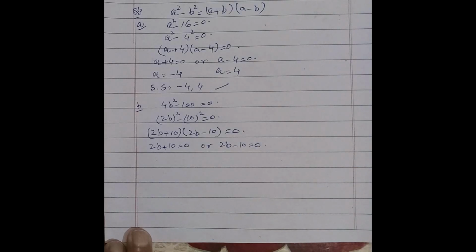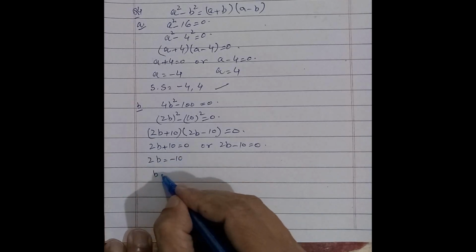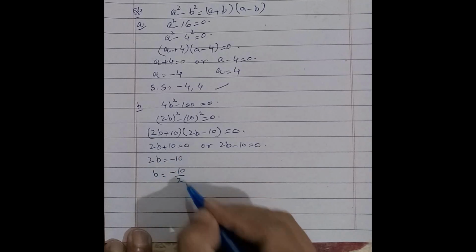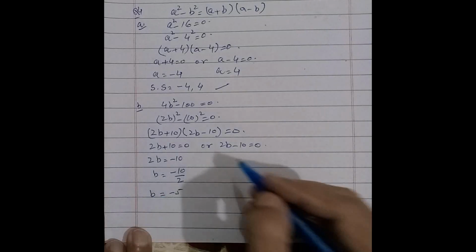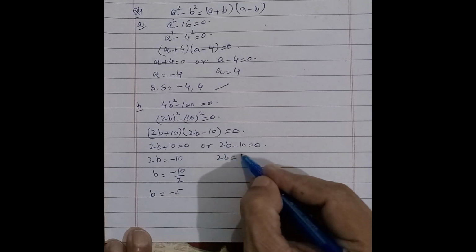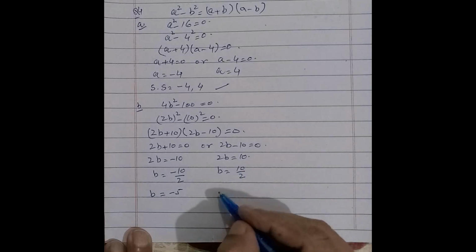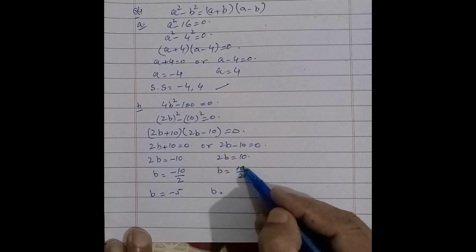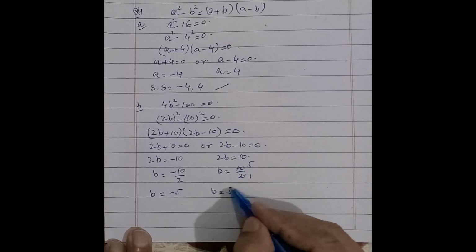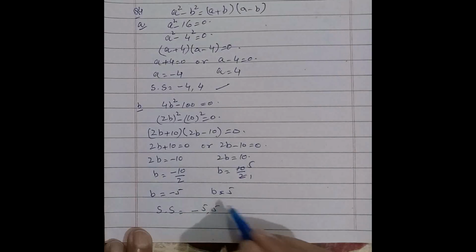Now we find the value of b. 2b is equal to minus 10 and b is equal to minus 10 over 2, which is equal to minus 5, and the other value is 2b is equal to 10 and b is equal to 10 over 2. So we divide 10 by 2, 2 1s are 2, 2 5s are 10, it is 5, and hence the solution set is equal to minus 5 and 5, the answer of part B.